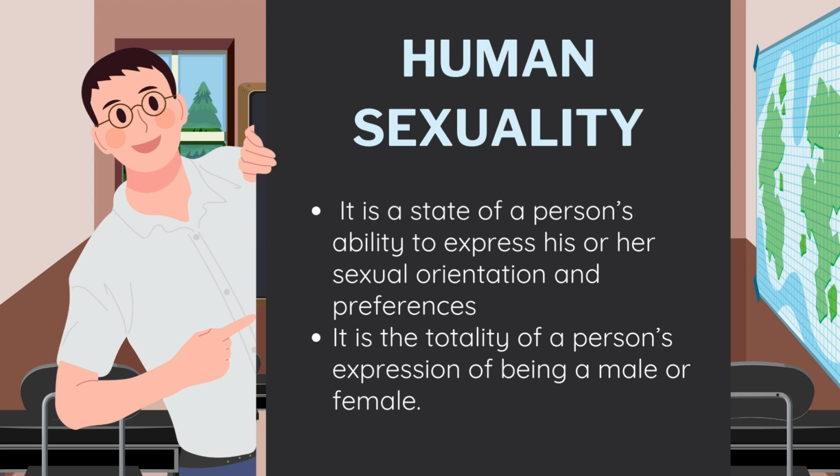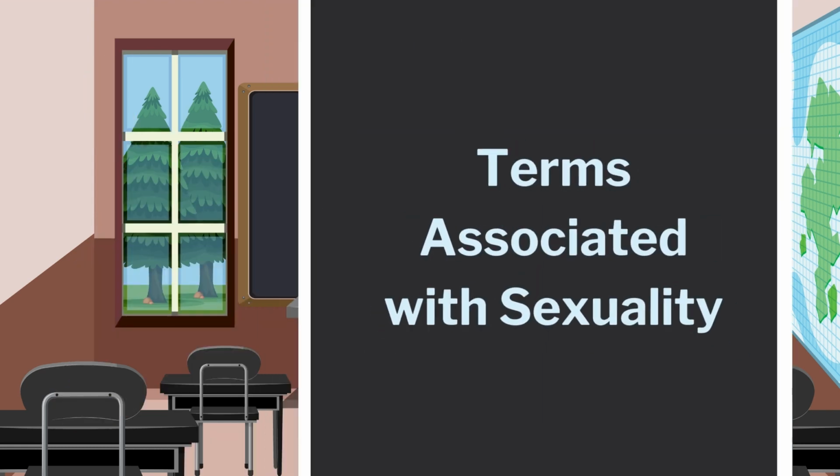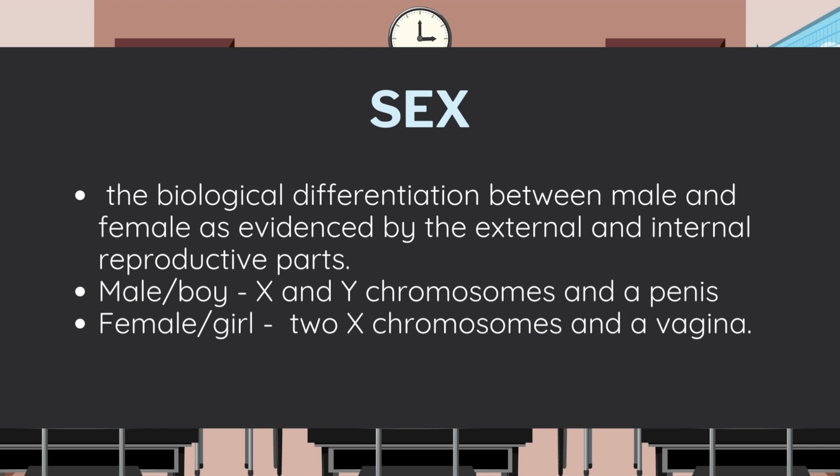So, to better understand human sexuality, it is important that you understand some terms that are associated with sexuality. First is the word sex. So, sex is the biological differentiation between male and female as evidenced by the external and internal reproductive parts.